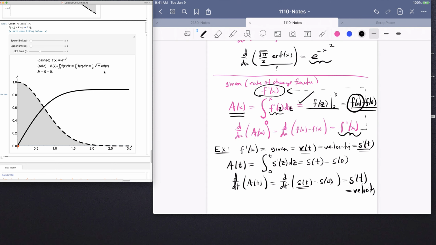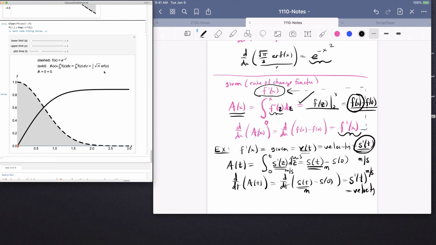Okay, so one thing that we are seeing here is that the original given function might have the units of meter per second, but the accumulation function has the units of meter per second times seconds, which is meters, which is the units of position. And then when you take the derivative of something in meters, the derivative with respect to t will be back again to having the units of meter per second.